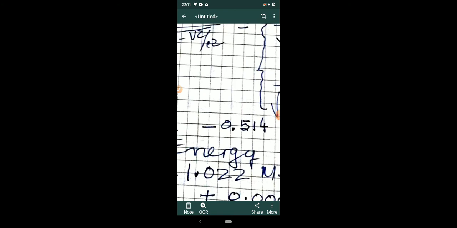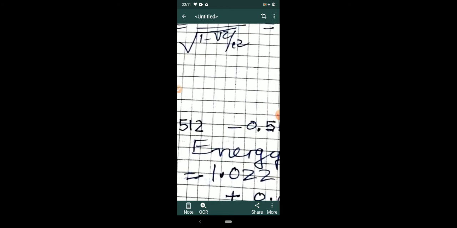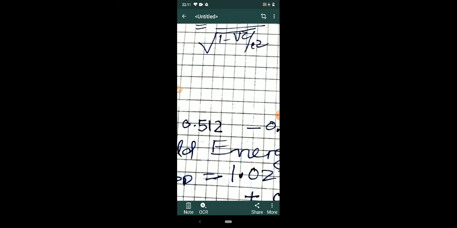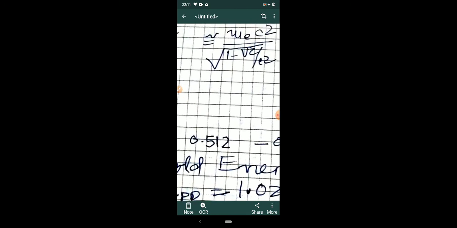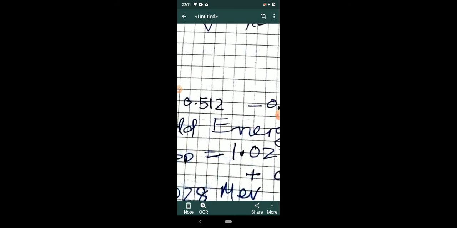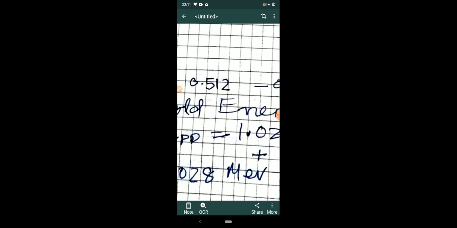So that is roughly 0.003 MeV larger than the rest energy, right?